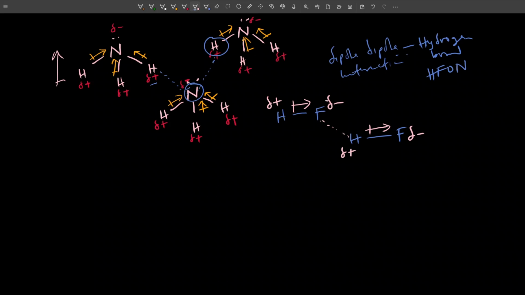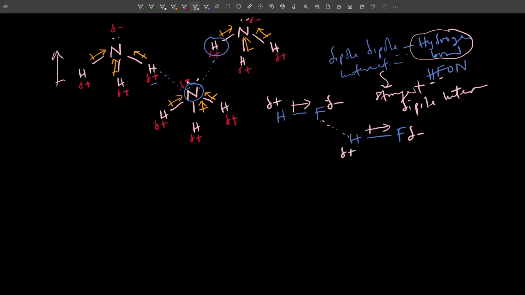Opposite and partial charges. So this is a dipole-dipole interaction, but a special type called hydrogen bond because it is between hydrogen and what? And fluorine. And one thing you should note as a takeaway is that hydrogen bond is the strongest dipole interaction you can have.